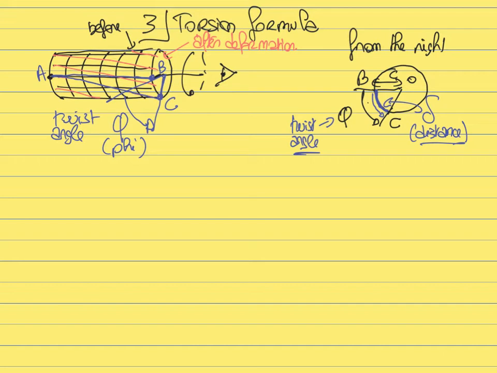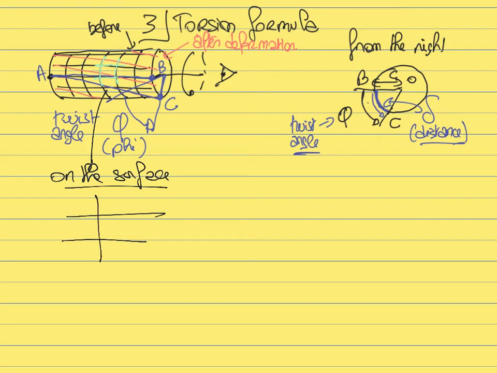To define the shear strain, let's look more closely at what happened at the surface of this beam. Let's consider initially one of those squares. Before the deformation, the surface was covered by grids that were orthogonal with respect to each other, forming small squares.